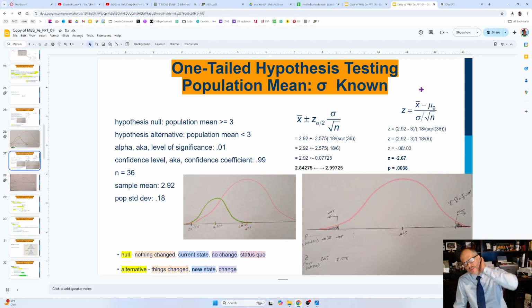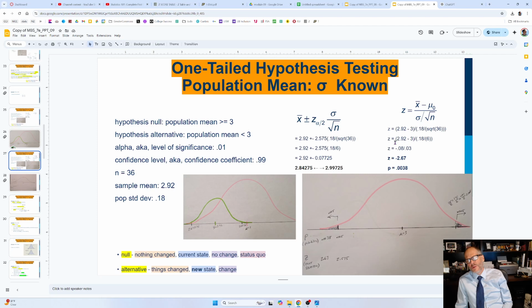When you see this, we plug in these numbers. That's our sample mean minus 3, and 3 is the null value for the population mean, the hypothesized null hypothesis for the population mean. So we get the sample mean minus the hypothesized value for the population mean, and then we divide that by this information right here, which is our standard error.